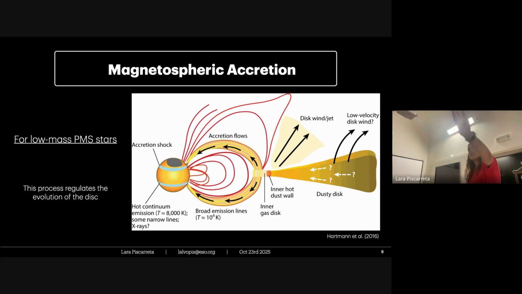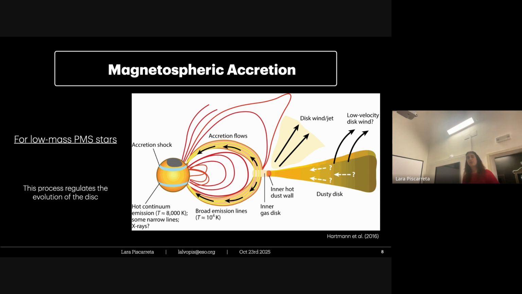So you can imagine that once it reaches the stellar surface, it actually crashes into it, and it creates what we call the accretion shocks. And these regions are extremely important for us because from this we get emission that helps us constrain this entire process.